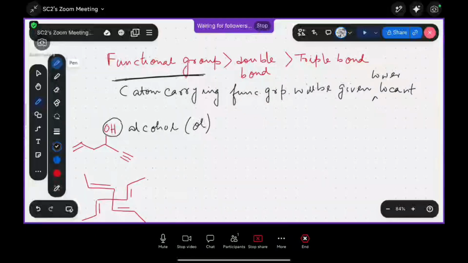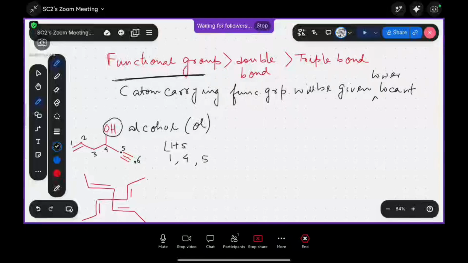If we number from the left hand side, it is 1, 2, 3, 4, 5 and 6. That means the locants from the left hand side come to be: at the 1 position we are having the double bond, at the 4th position we are having OH, and at the 5th position we are having the carbon-carbon triple bond.